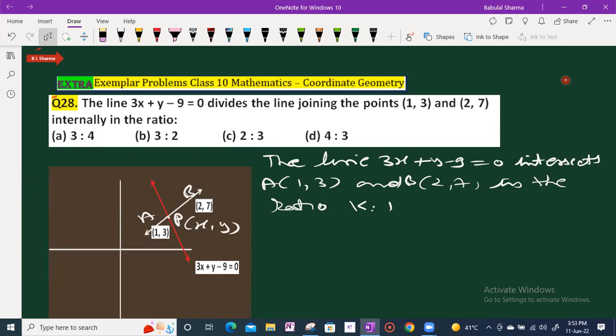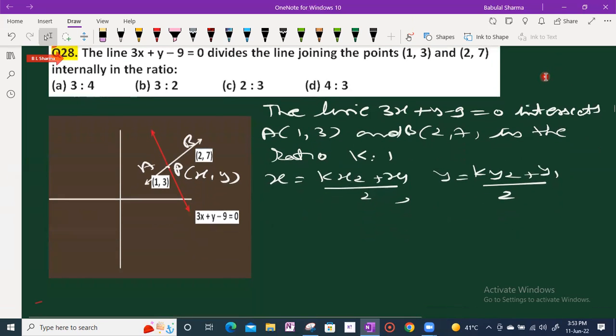So using the section formula, x coordinate is given by (k x2 plus x1) by (k plus 1), and y coordinate is given by (k y2 plus y1) by (k plus 1). Therefore x is equal to k times x2, which is 2, plus x1, which is 1, upon k plus 1.